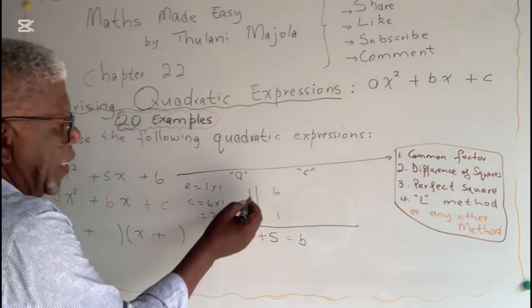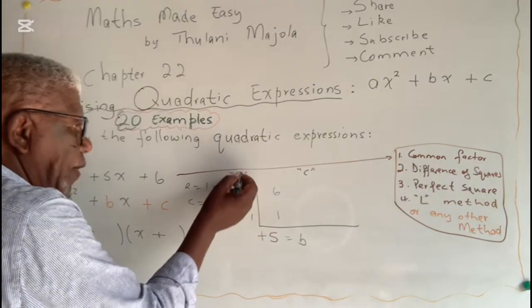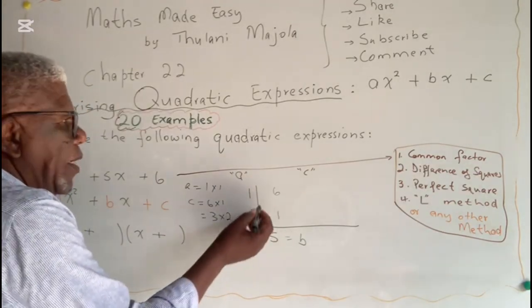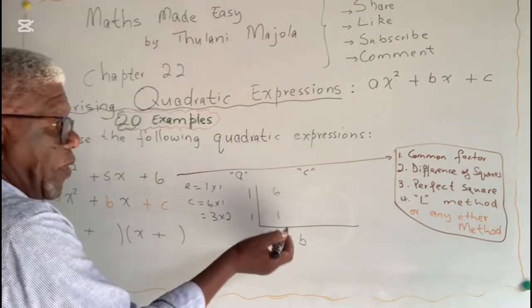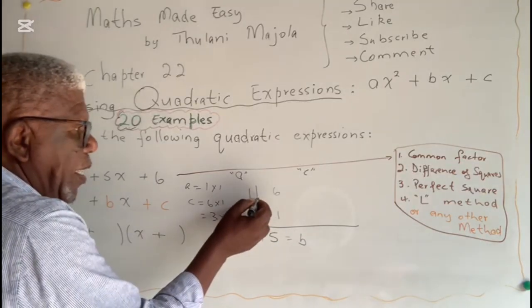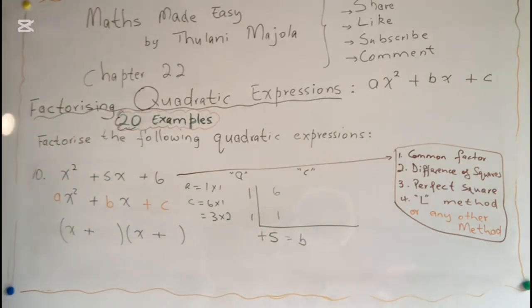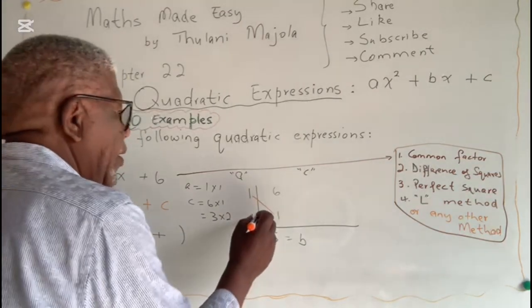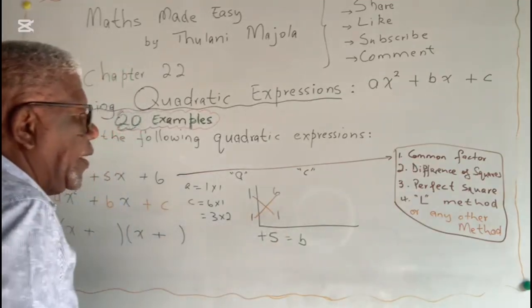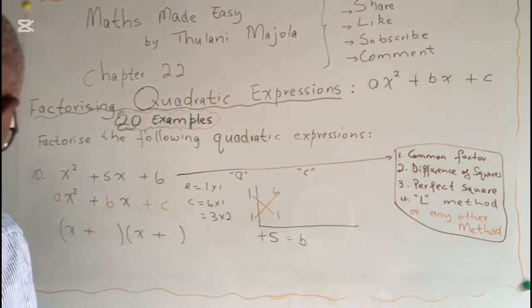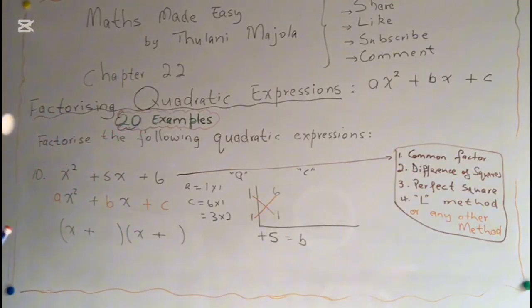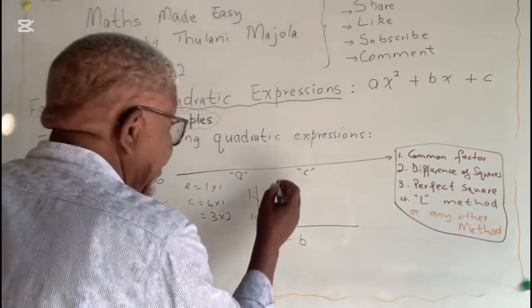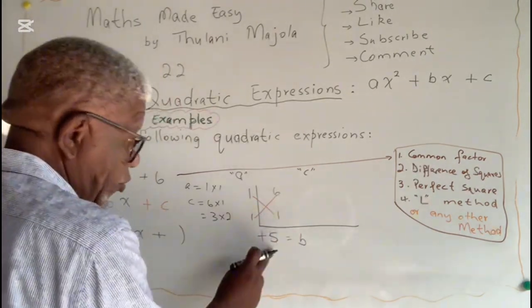Your factors of A are 1 times 1. The first factors of C that you start with are 6 and 1, so you cross multiply. 1 times 1, you get a 1. 1 times 6, you get a 6. And 6 plus 1 is 7, so it's not 5.